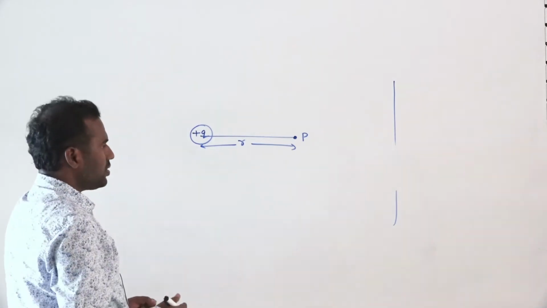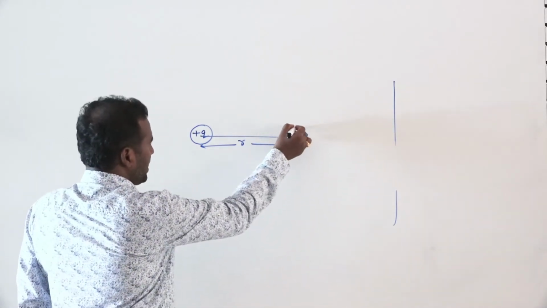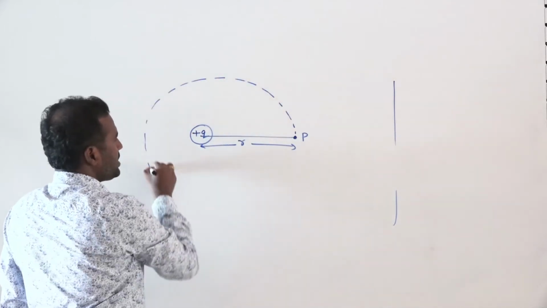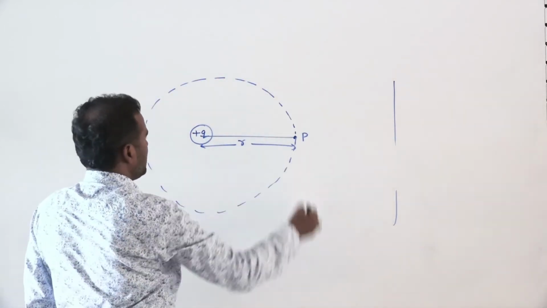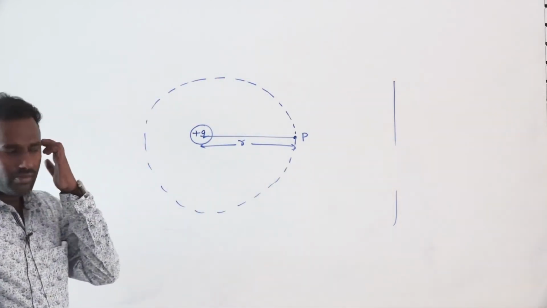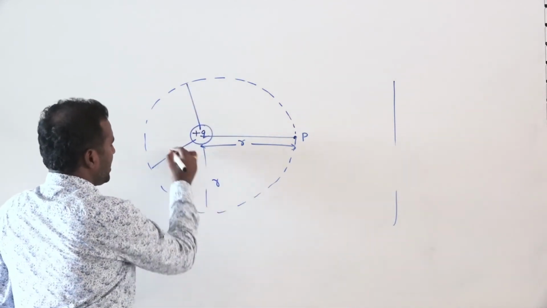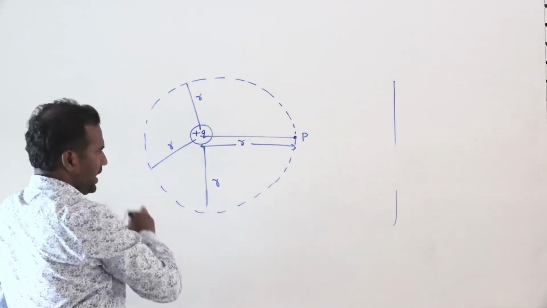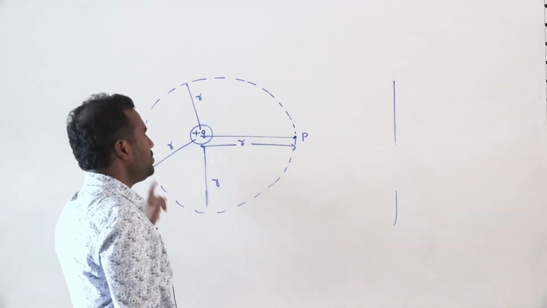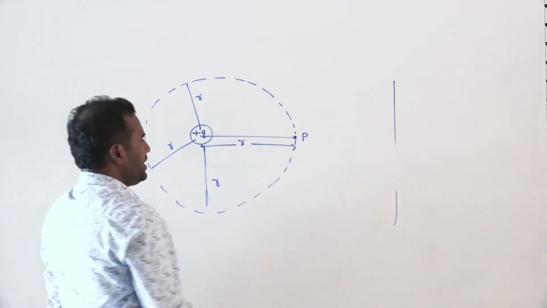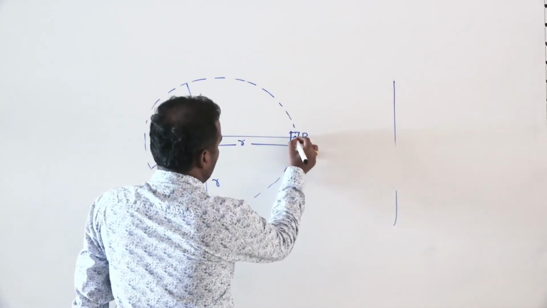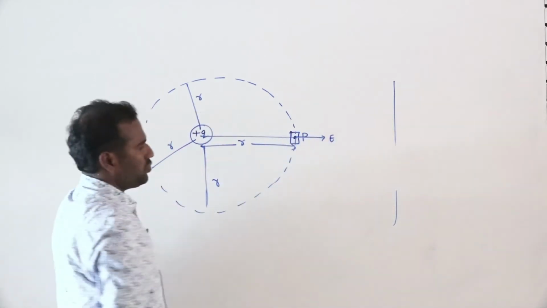So, I am considering the Gaussian surface to be a spherical surface at a distance r. At any position the distance remains r, so the electric field should be uniform. At any position the direction of the electric field is radially outwards.